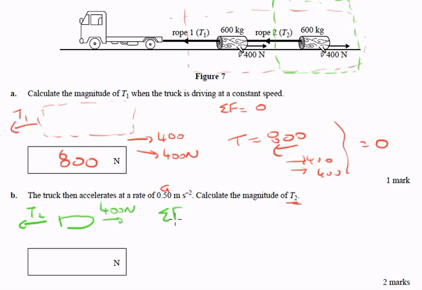Right, what's the total force on this block? Because it's accelerating, it equals MA. So it equals 600 kgs, because we're just looking at that one block, times the acceleration of 0.5, which equals 300 newtons. It's accelerating, so it's that way. So total force is 300 this way.